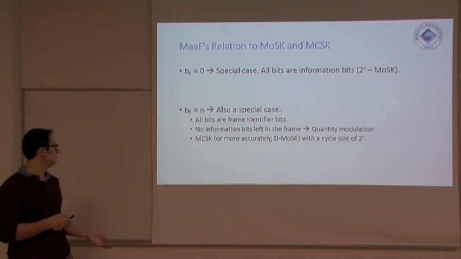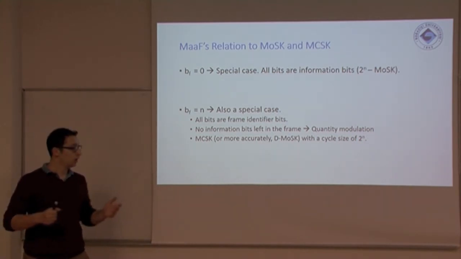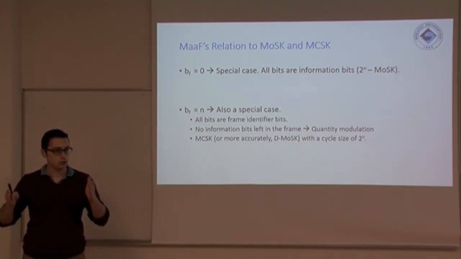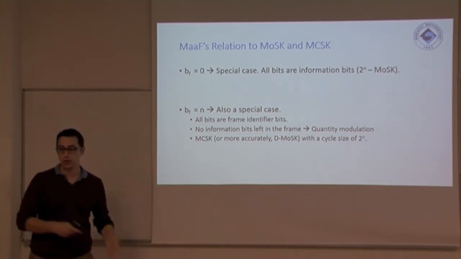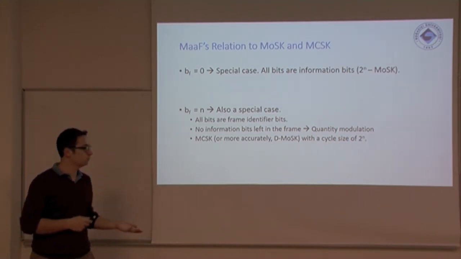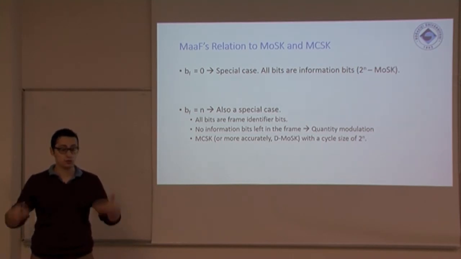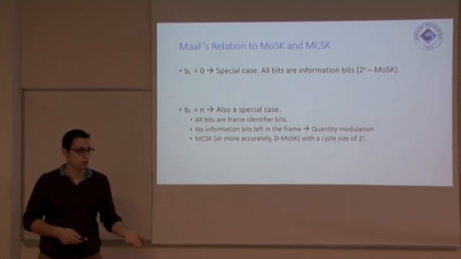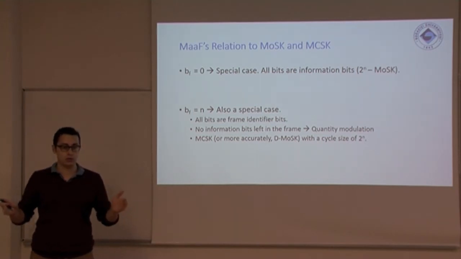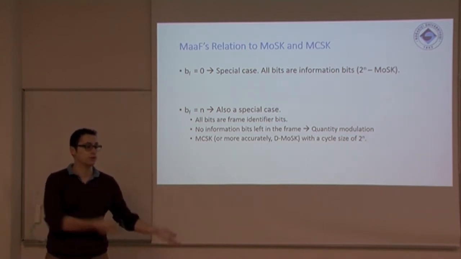On the other extreme end, BF equals n is also a special case. What is BF equals n? It is the case where we use all the different bits inside the frame towards frame identification, right? So if we have, I don't know, 5 bits, we have a cycle size of 32. We have a 5-bit system, and we've used all 5 bits towards frame sequencing, and we have no bit slot inside to encode our information, so we rely on quantity modulation.